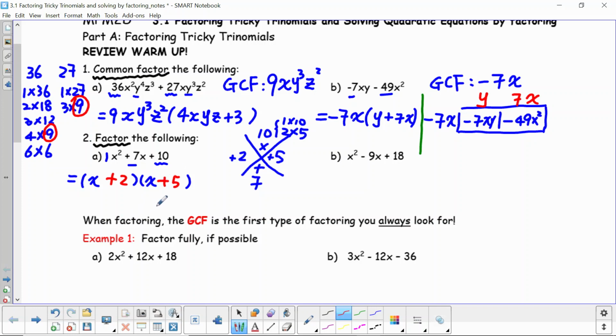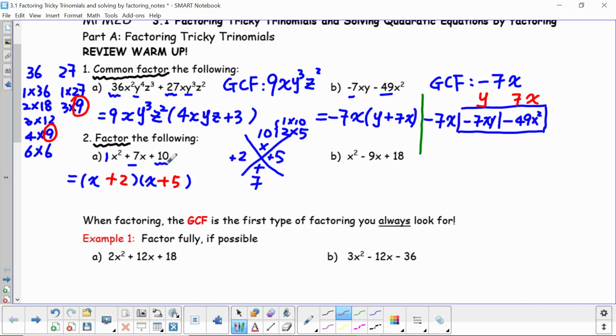The second method for factoring is simple trinomial factoring. And how can you tell these 2 apart? You see, these are the 3 terms, and always we are going to find a common factor from these 3 terms. 1, 7, 10, no common factor. X squared, x, no number, no common factor.